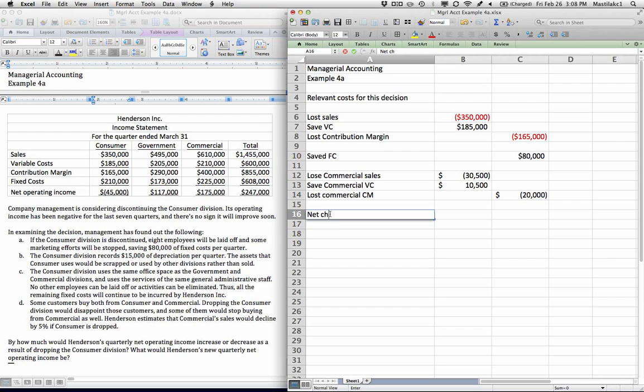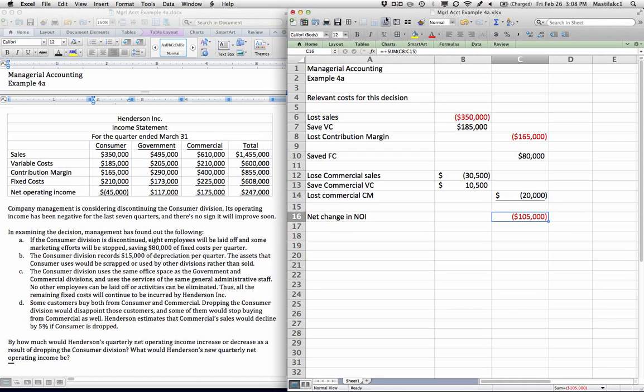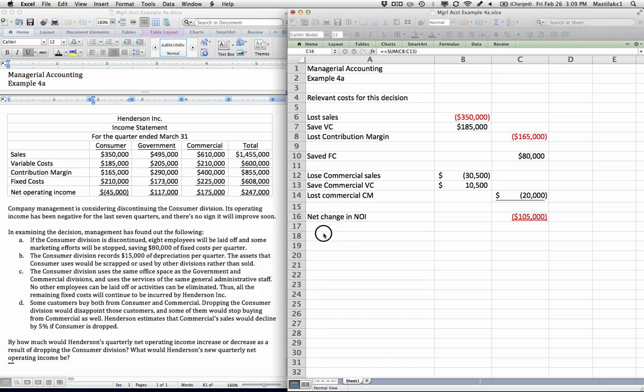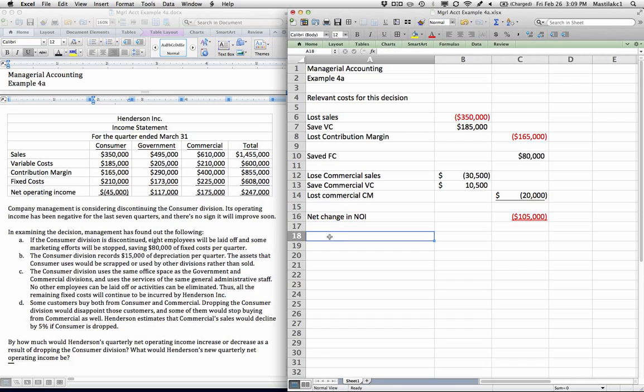So the net change in NOI, or the sum of all of our relevant costs, is a reduction in net operating income of $105,000. So even though it looks like we're going to save a $45,000 loss, it turns out we actually lose $105,000 of profitability. That's our change in net operating income.